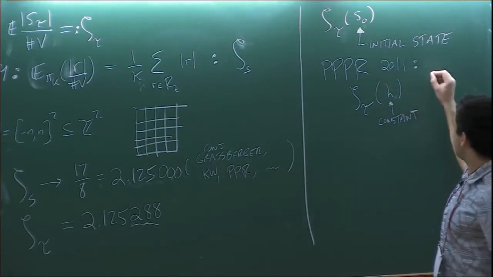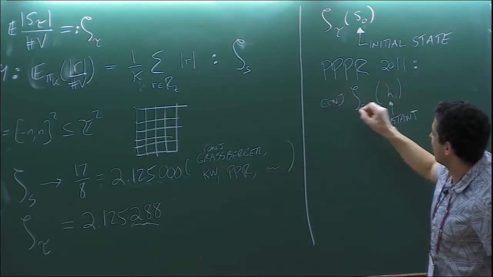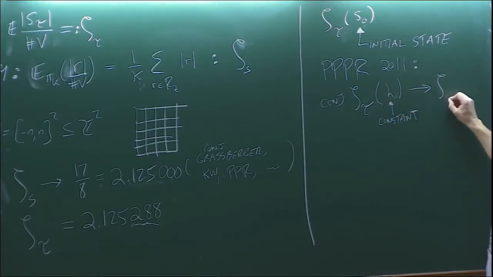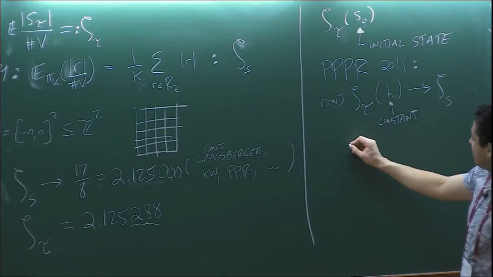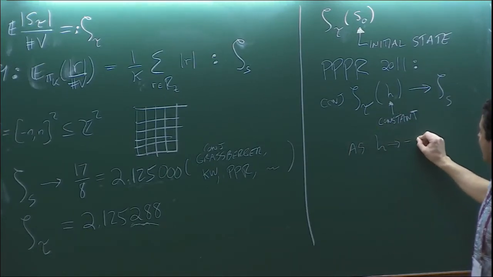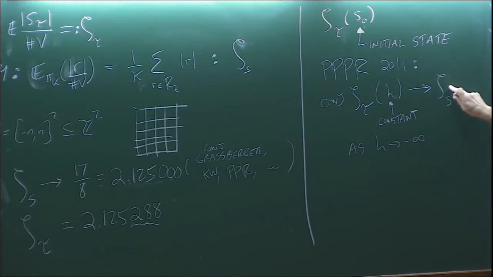And so they conjectured that in the limit as h goes to minus infinity, you recover this stationary value, zeta f.